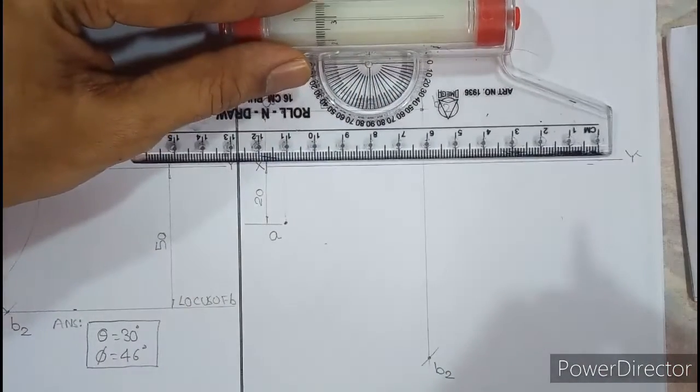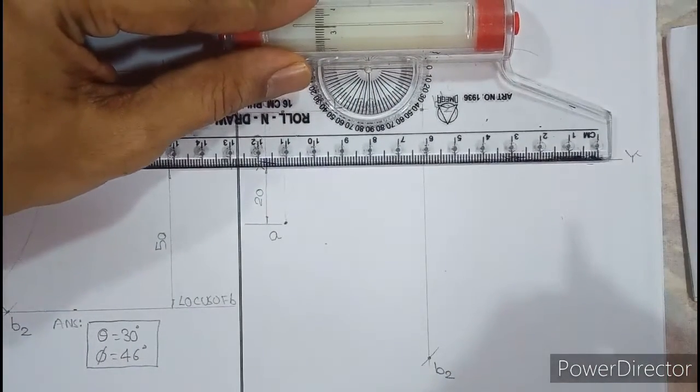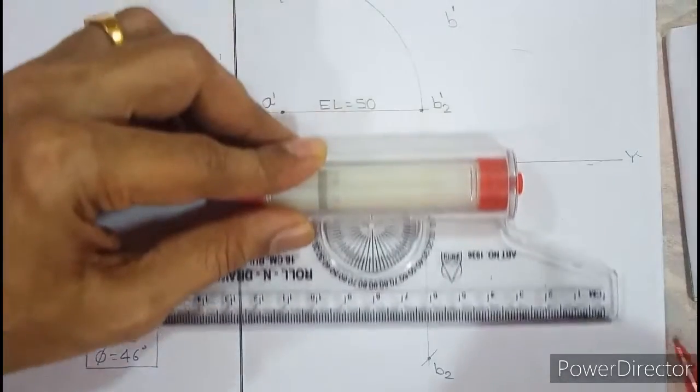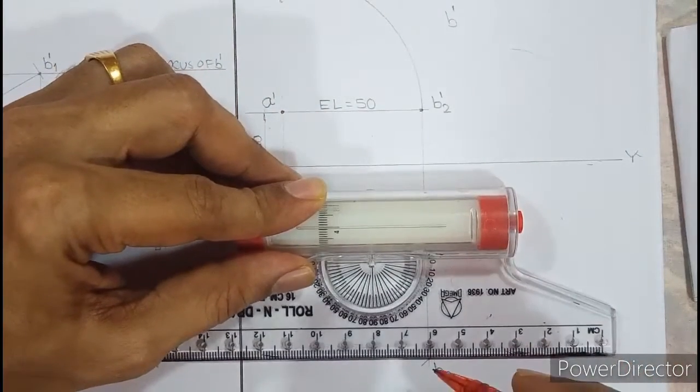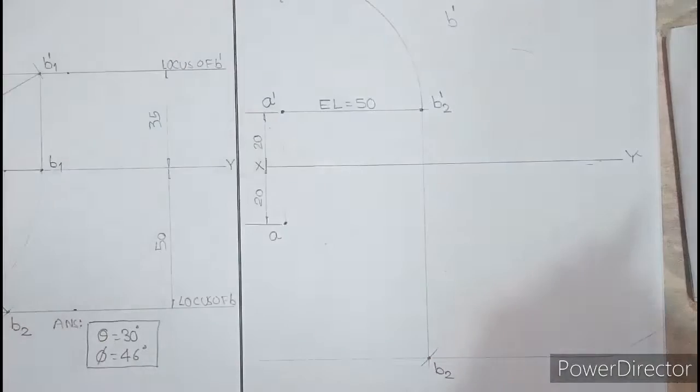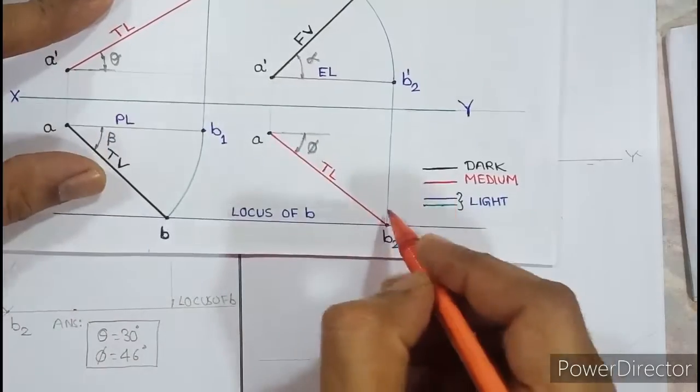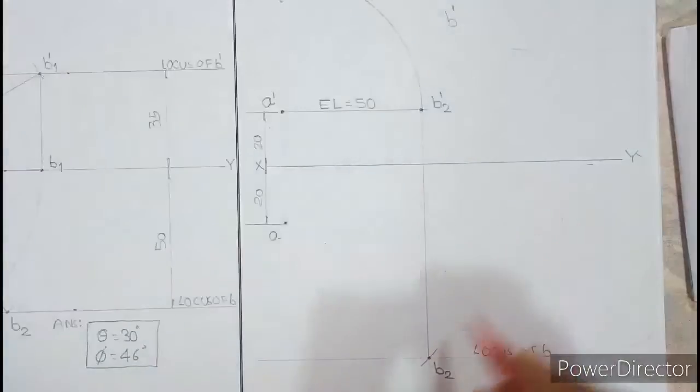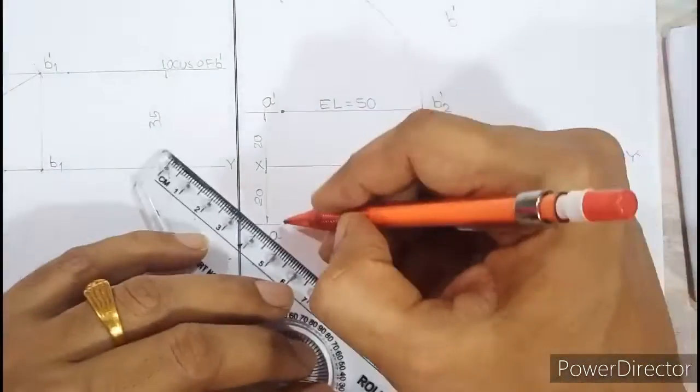I'll align the scale with XY, roll down, and from B2 we can draw a light line, and always write above the line in capitals, locus of B. Now where should I join this B2? The tool says join B2 with A medium dark. So B2 is here and A is here. Join them medium dark.